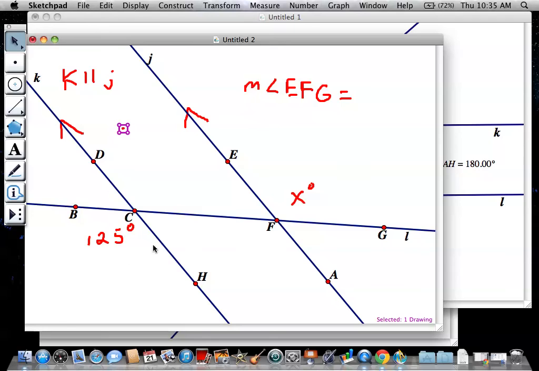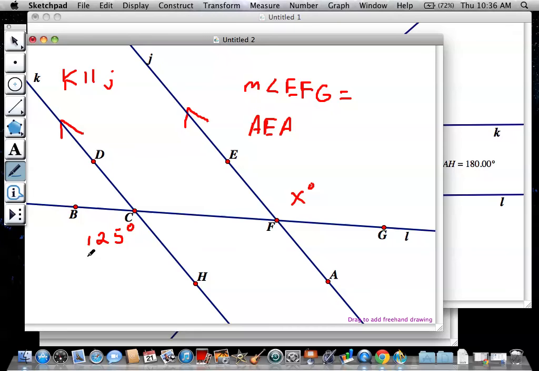Well, if you notice the relationship here, BCH and EFG are alternate exterior angles. So therefore, by the theorem, they should be congruent.